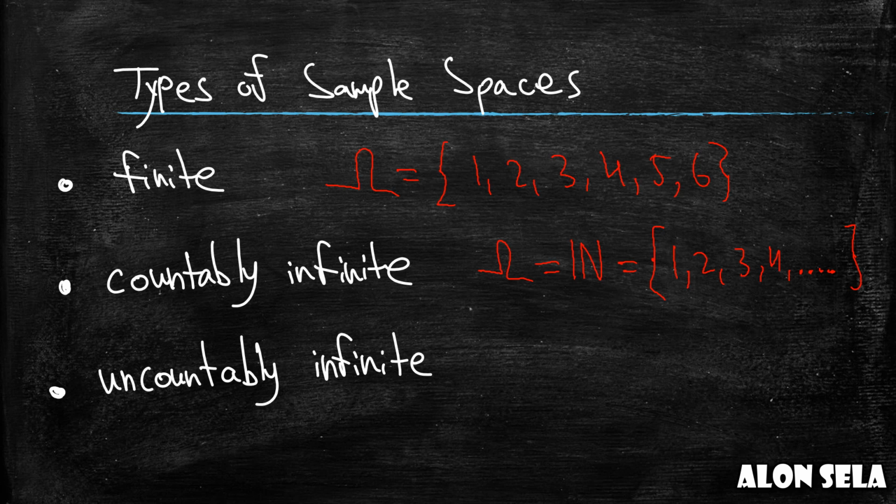And for the last type of sample space, we can take, for example, R, which is all the real numbers. It is too big of a set, and therefore we cannot count it, and therefore it's an uncountably infinite set. And these are our three types of sample spaces.